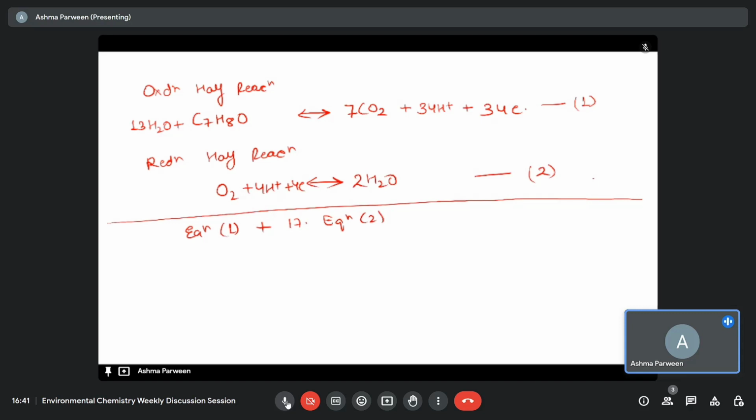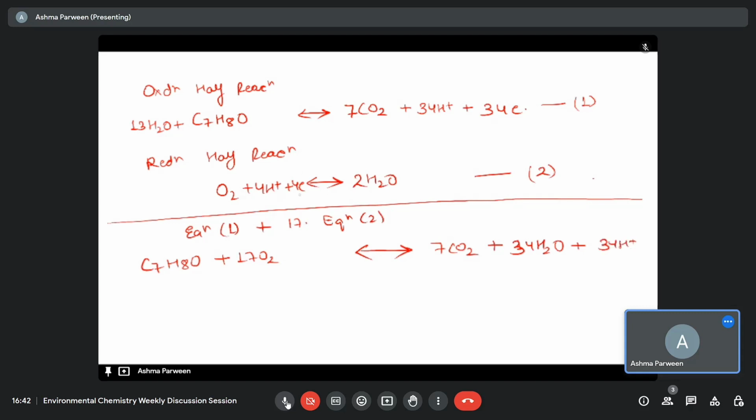We will have C7H8O plus 17 O2, and we will have 7 CO2 plus 17 H2O.